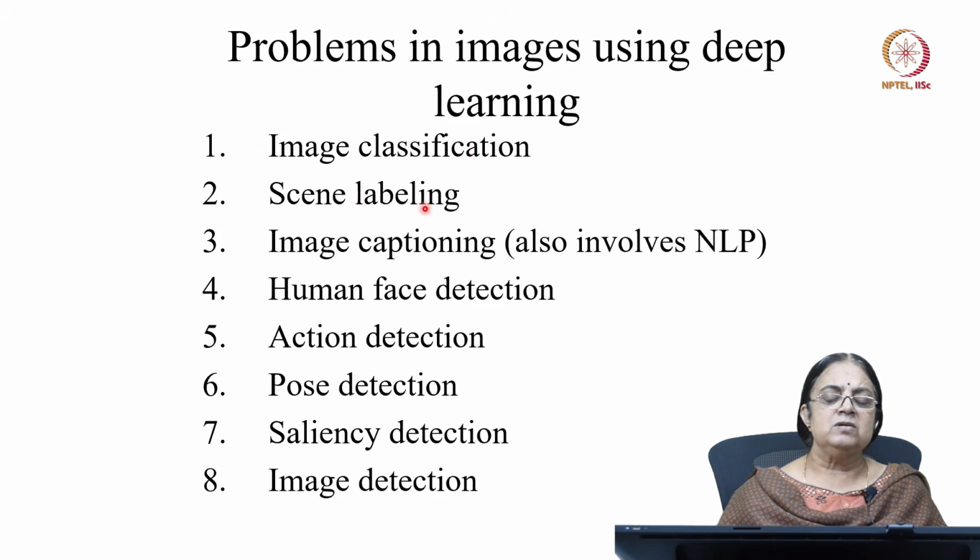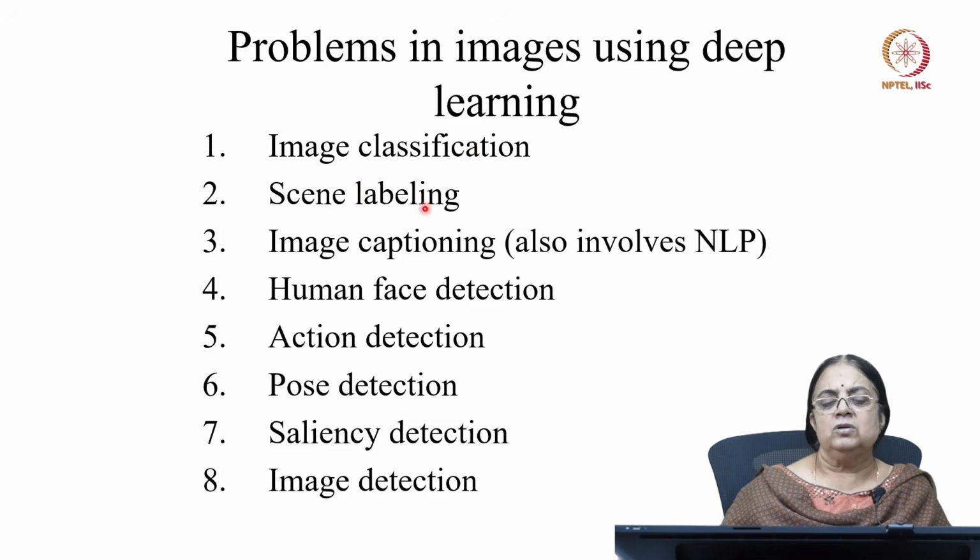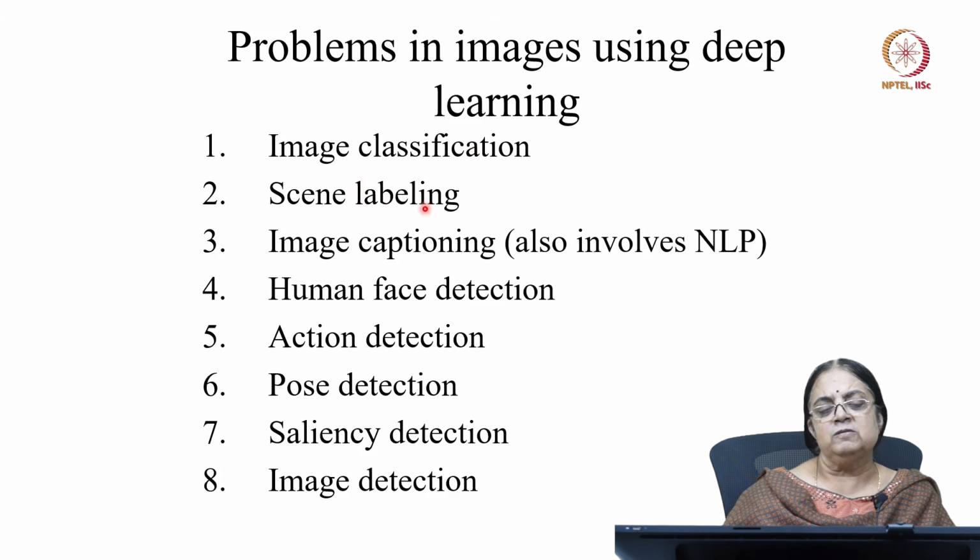Then scene labeling. Can you label the scene, whatever it is showing? For example, you may have a scene which consists of mountains and rivers, etc. Can you label that?